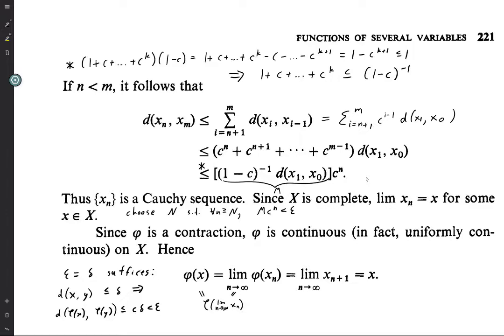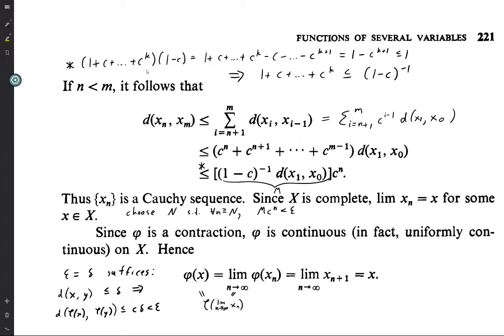So that's what I did above here. For any k, if we take 1 plus c plus c squared plus all the way up to c to the k, and we multiply by 1 minus c, we multiply through by the 1 and get the sum from 1 to c to the k, and then we multiply through by minus c, and we get minus c plus minus c squared and so on, all the way up to minus c to the k plus 1.